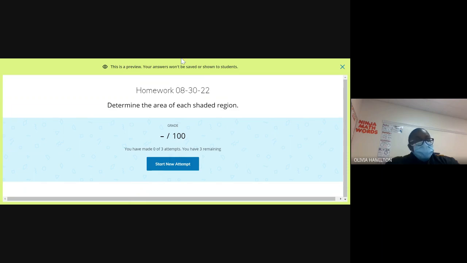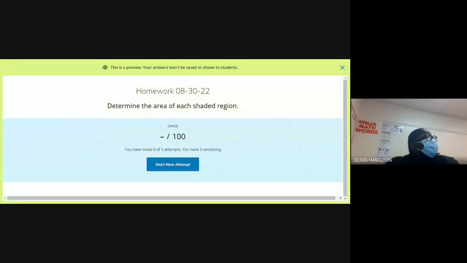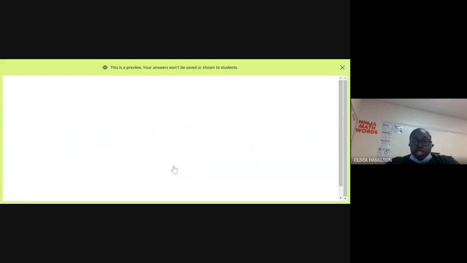I have my video on the screen right now so I can see what y'all are seeing. That way I can make sure I'm actually doing this correctly. So the homework, it says determine the area of each shaded region. So let's start the attempt.